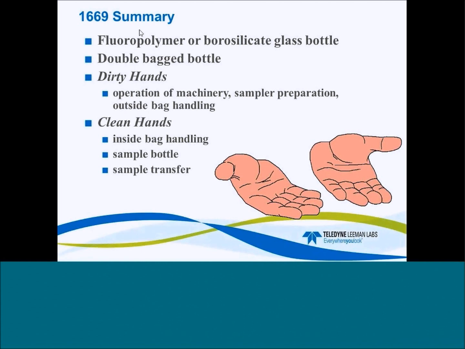People have developed approaches to this where this can be done by one person, but some of the key elements of this sampling procedure are that the sample containers must be either fluoropolymer or borosilicate glass, and those containers are then double bagged in a Ziploc type bag for transport to eliminate contamination.